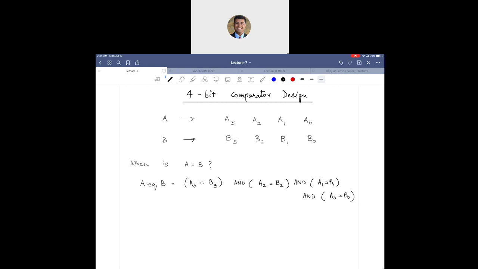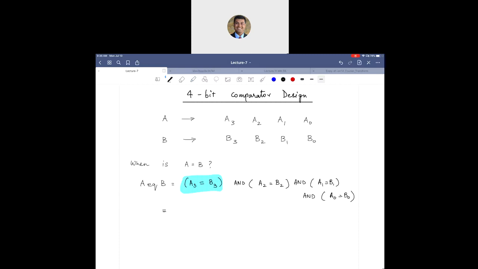How do I implement this? A3 equals B3. How do I implement that? What is my equality comparator? What is my equality detector? Which gate is equality detector? Exclusive NOR is right. Exclusive NOR is an equality detector.